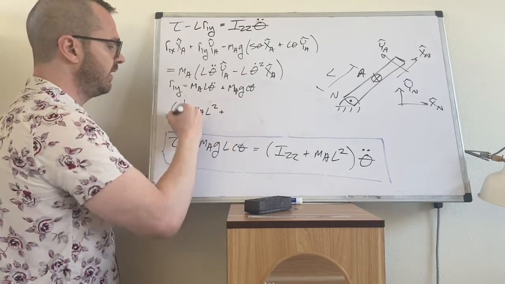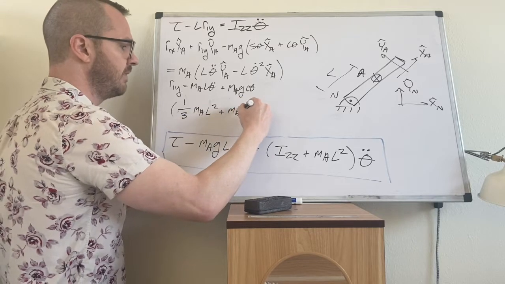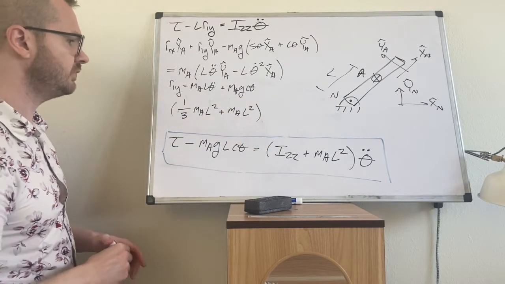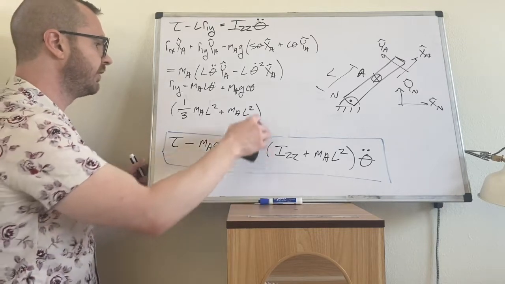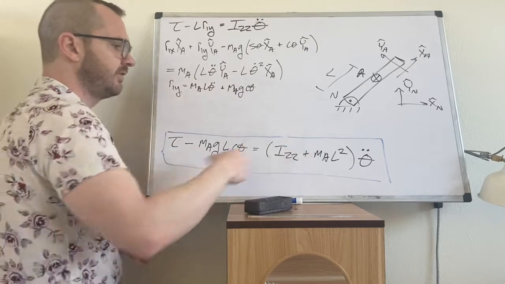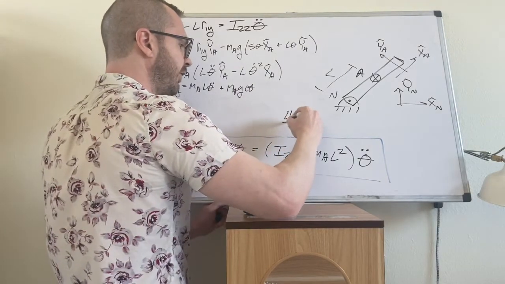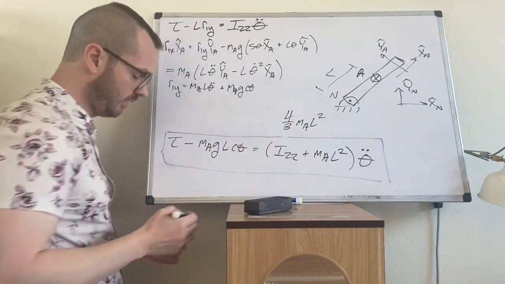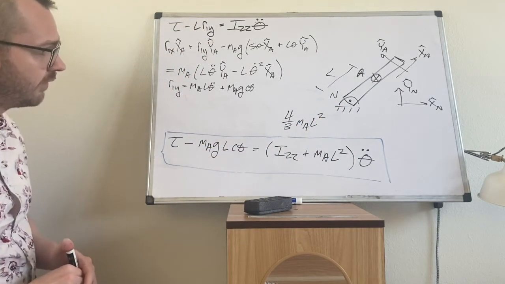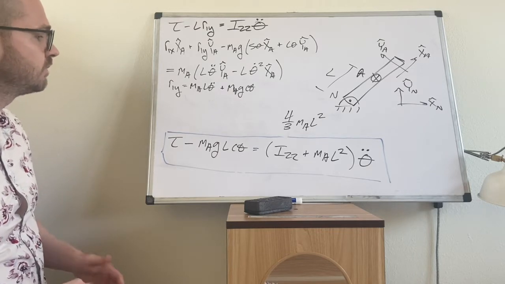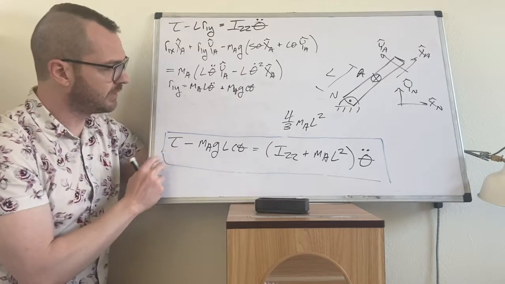So it's that plus m a L squared. Okay, so that makes it all total 4/3. So on the right-hand side, this is 4/3 m a L squared. If I did that math right, 1 over 12, 4, 1/3. Yeah, okay. All right, so here's our equation of motion.